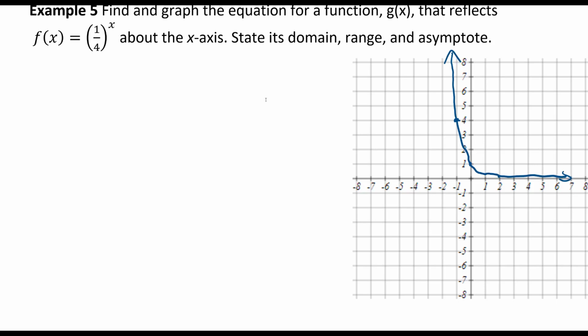Okay, that's our f of x. So g of x, I'll change colors for that. It's going to be reflected down below. So it would be hitting here, there, there, and there.